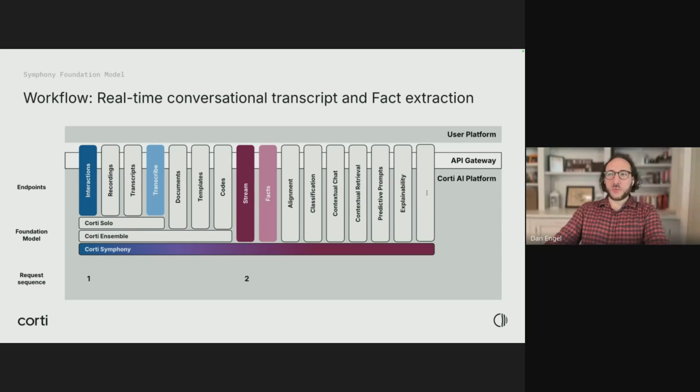Yeah, that's right. Sometimes we use the terminology live here. It's live conversational transcript and fact generation or fact extraction. And that live real-time nature of doing this AI processing is what's unique.